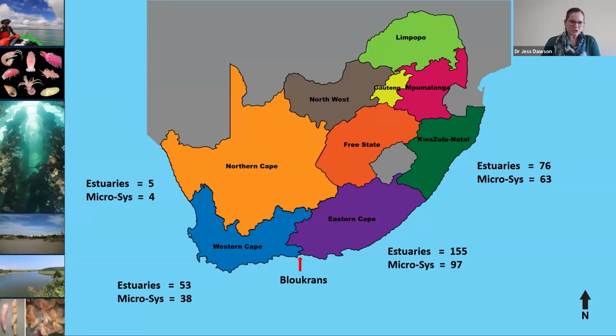And these two provinces share one here in the middle. The Blow-Krans estuary is perfectly on the boundary between the 2 provinces. So one in the middle. And then looking at the KwaZulu-Natal coast, we've got 76 estuaries and 63 microsystems. So a lot of estuaries in the country and a lot of research that needs to be done.